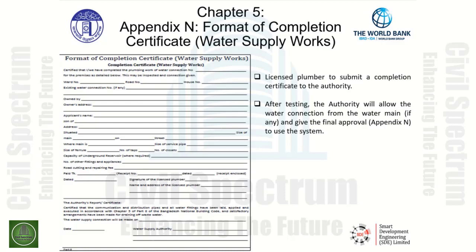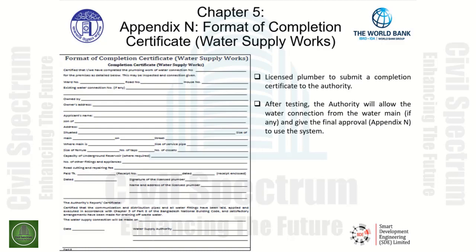On the bottom portion of this completion certificate is the authority's report certificate, and it indicates the following. Certified that the communication and distribution pipes and all water fittings have been laid, applied, and executed in accordance with Chapter 5, Part 8 of the Bangladesh National Building Code, and satisfactory arrangements have been made for draining off wastewater.